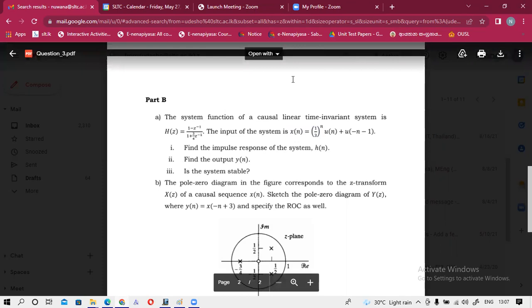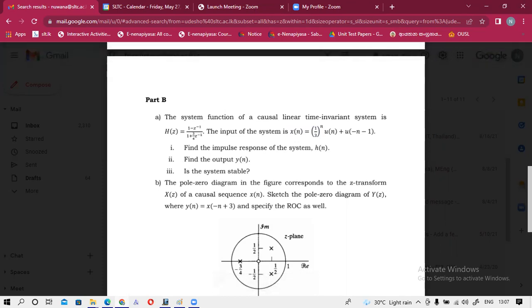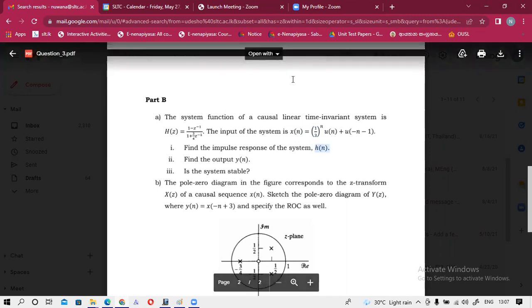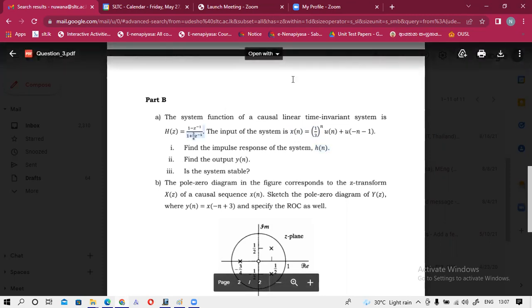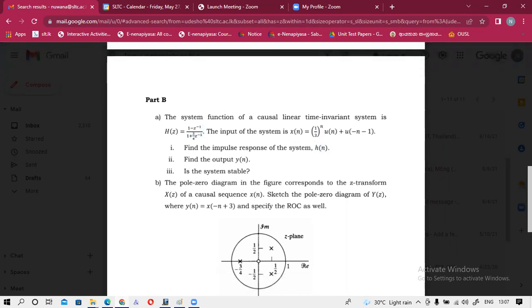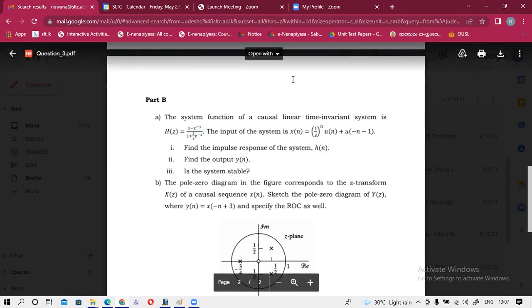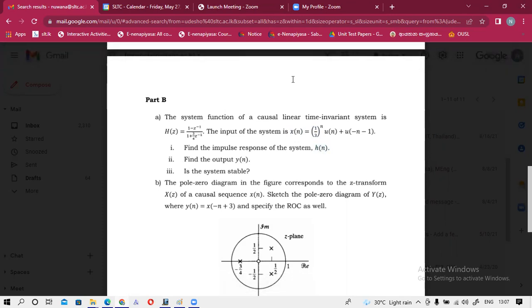Then you can find the impulse response. Here I think you can directly find the impulse response. So here you have to get the inverse Z transform. Try a way to get this.